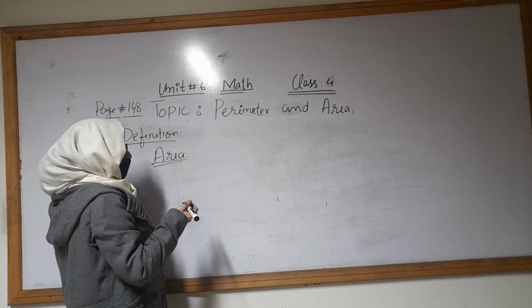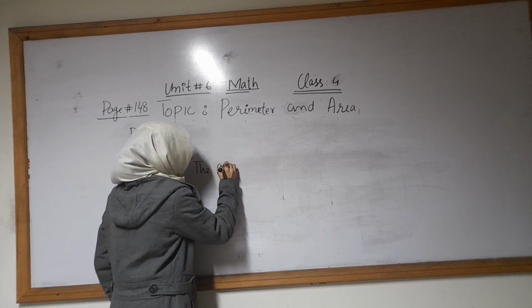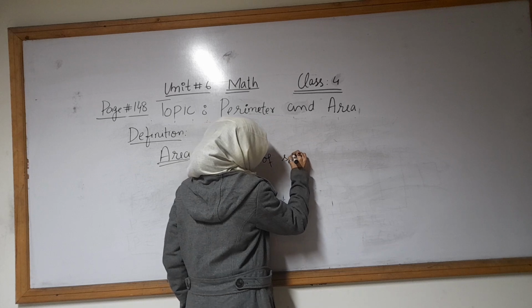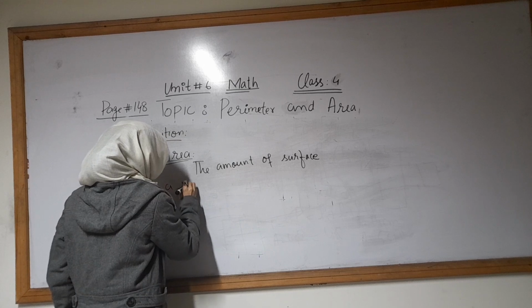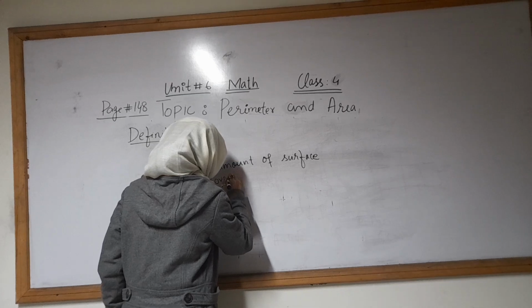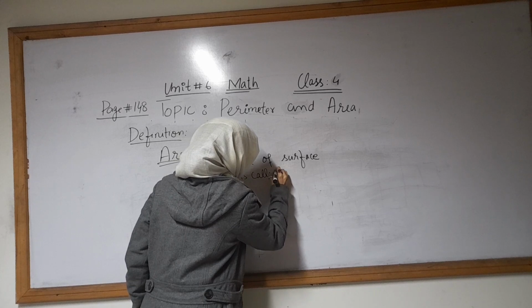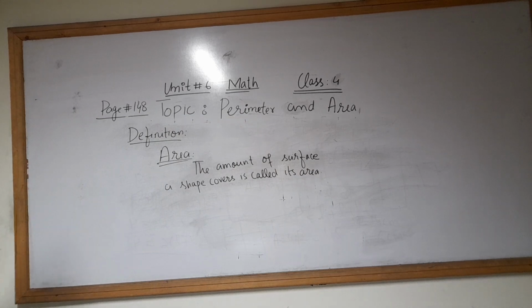Perimeter is the boundary of the closed shape and the area is the amount of surface a shape covers, which is called its area. So what is area? Area is the amount of surface a shape covers is called its area.